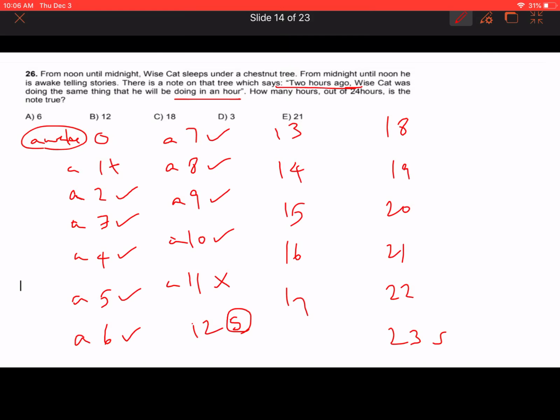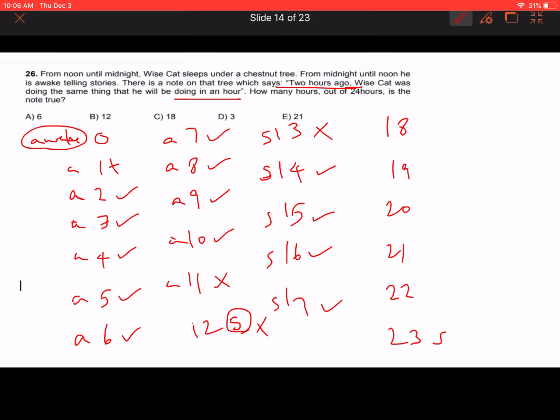And 12 o'clock: 10 o'clock he is awake, but the 13th hour he is sleeping, so this is not going to be counted. 13 hours: 11 hours he is awake, but the 14th hour he is asleep, so that's also not going to work. 14th hour: the 12th hour he was sleeping, and the 15th hour also he is sleeping. So after that, almost all of it he is sleeping.